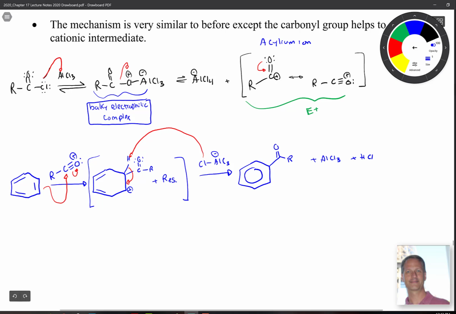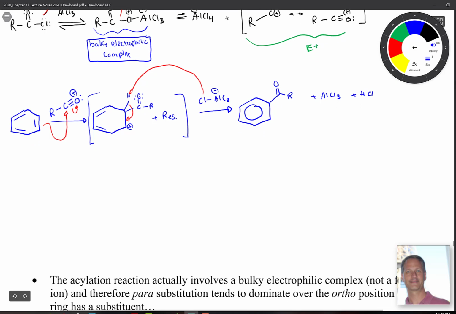So there's only one little catch here, and that is that this complex right here, because this is a Lewis base and you have a Lewis acid present, it can often form this complex where we get an oxygen essentially bonded to AlCl3. That would give you a little bit of a plus and a little bit of a minus right there.